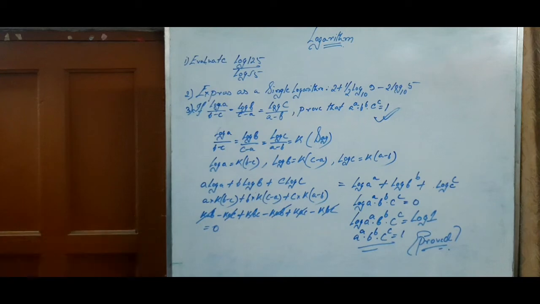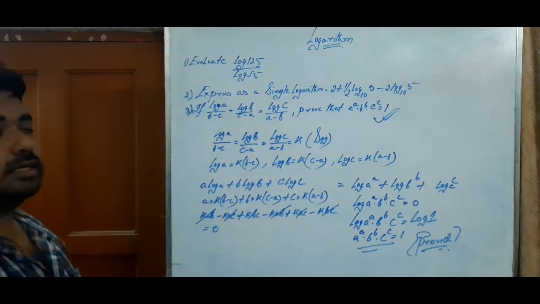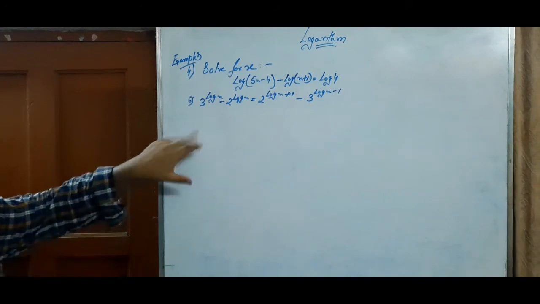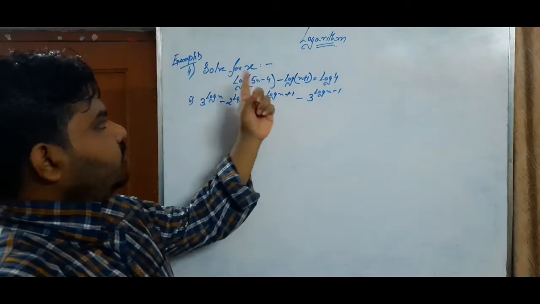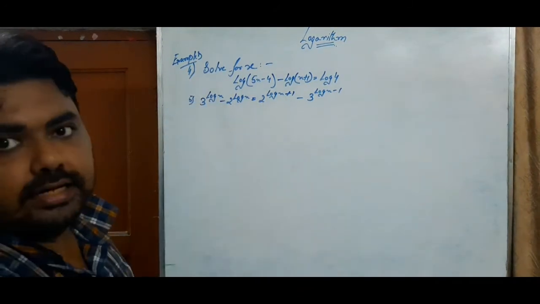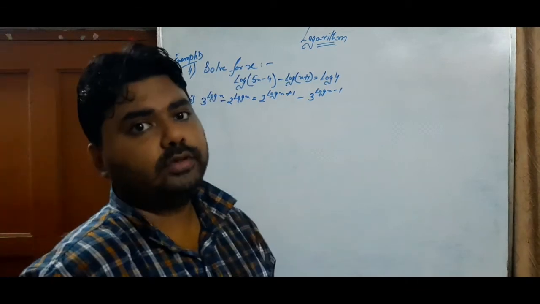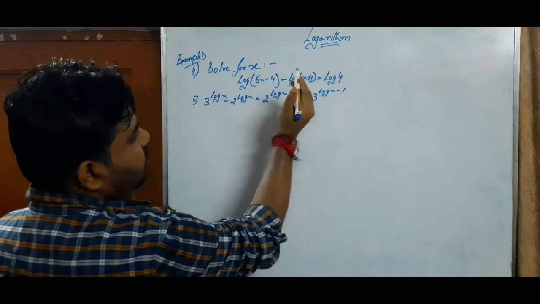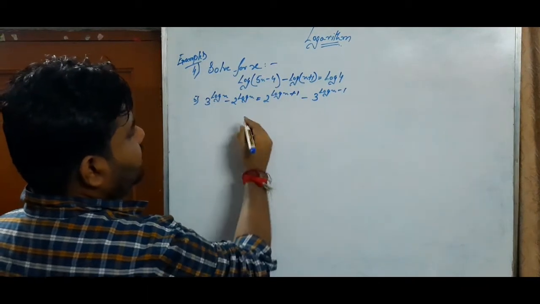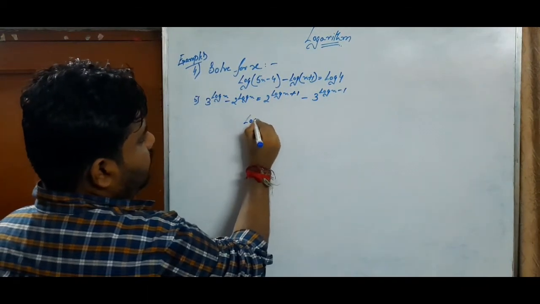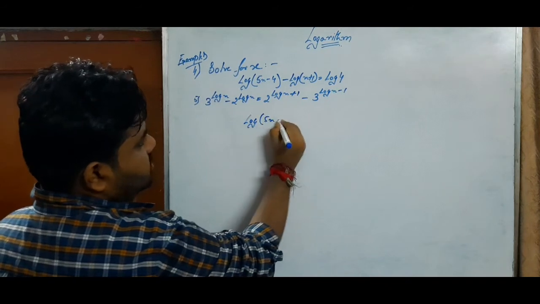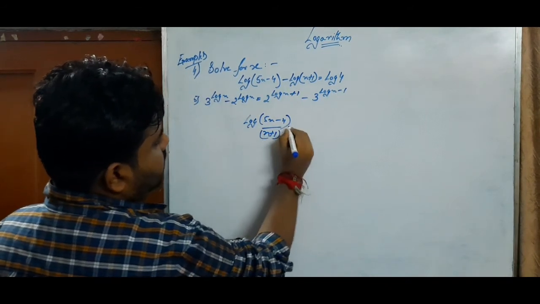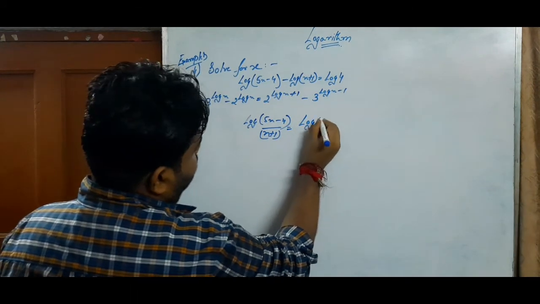Okay, now we will move towards the next examples. Solve for x. We have to solve for x, that is to find the value of x. Log a minus log b, we can write log a by b, that is log of 5x minus 4 by x plus 1 equals log 4.